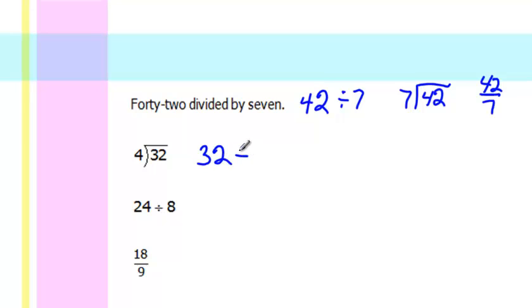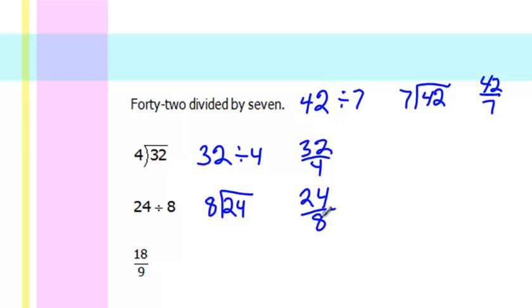The other 2 ways to write 24 divided by 8. 18 divided by 9, the 2 ways are shown. So those are 3 different ways to write division.